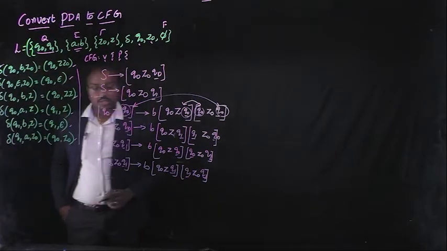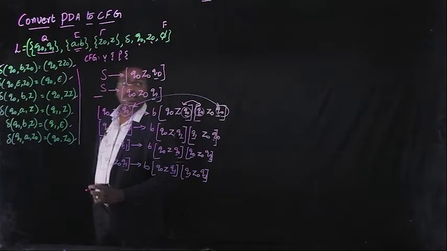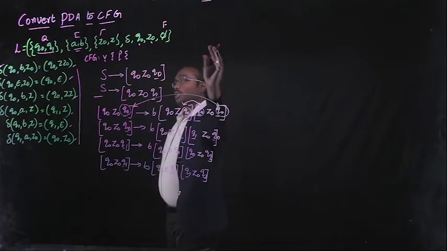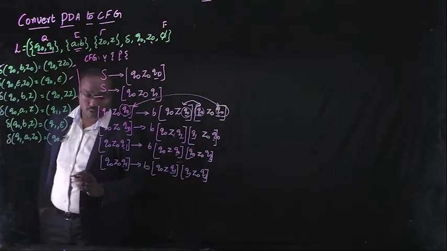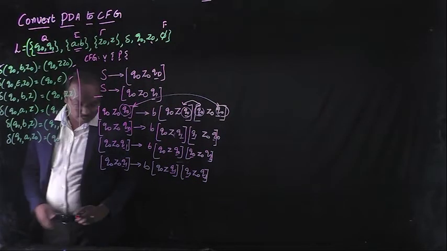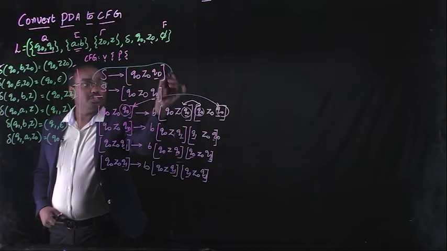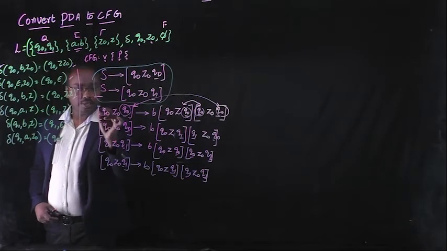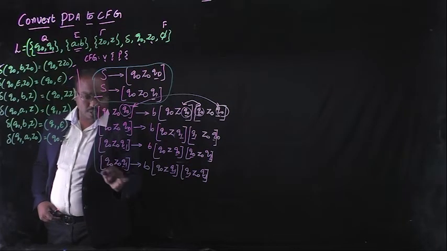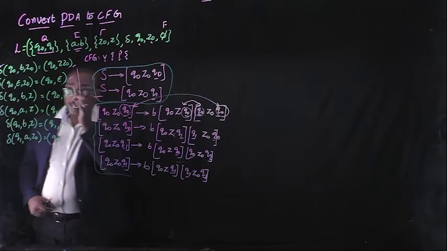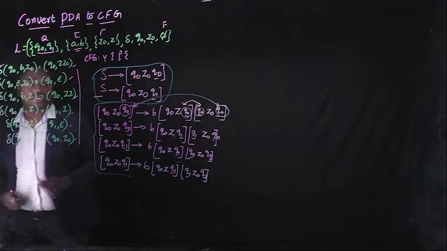So then coming to the next one, Q naught epsilon Z naught tends to Q naught. So then how to write the next one? So these are the S productions, and these are the production rules for the previous transition function.